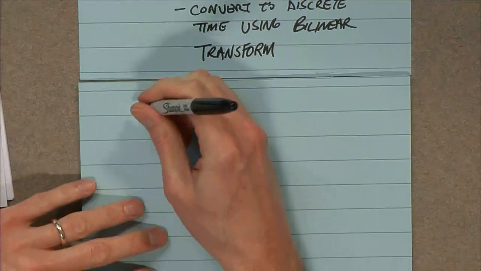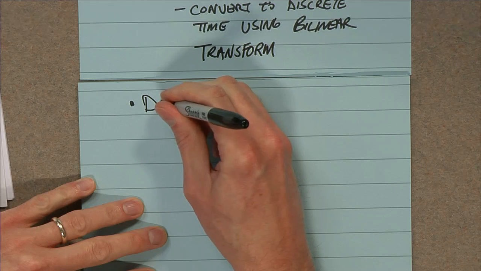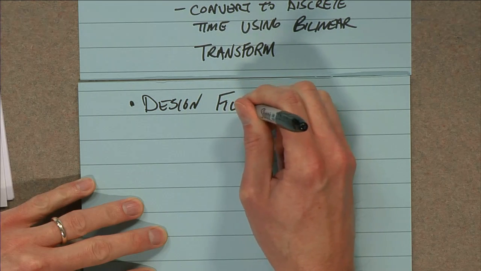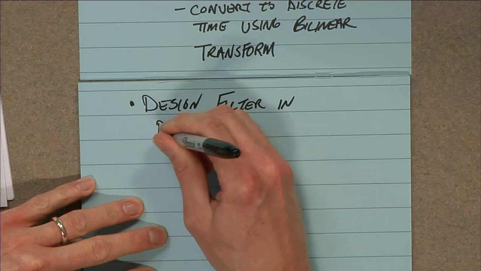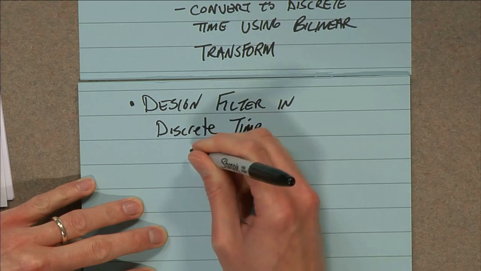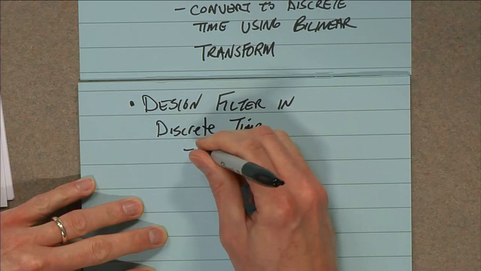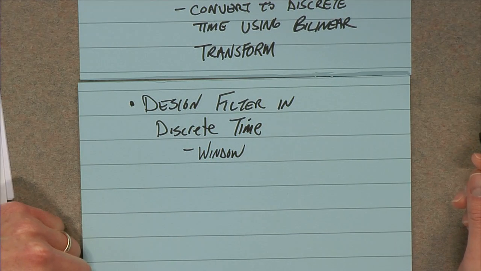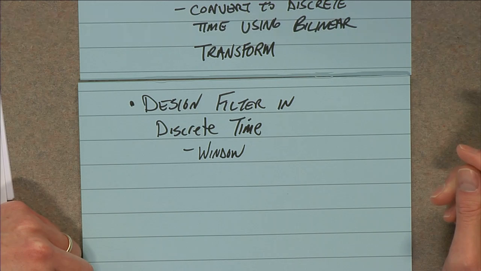The second method, like I said, is just design the filter in discrete time. And we're going to talk about that. There's MATLAB toolboxes for all this, but we're going to step through it, design our own window, one step at a time in MATLAB.